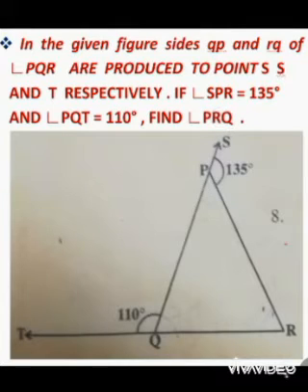PQR is a triangle, QP is produced to a point S, then RQ is produced to a point T. PQT is equal to 110 degrees and RPS is 135 degrees. You have to find the value of angle PRQ, this angle, children.